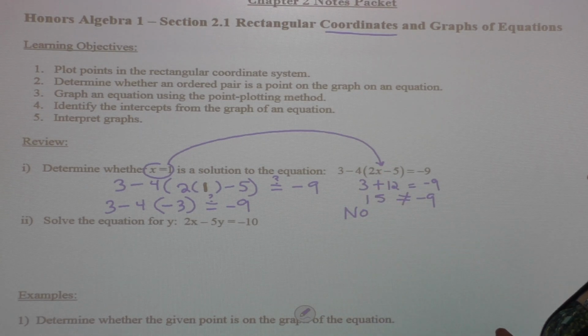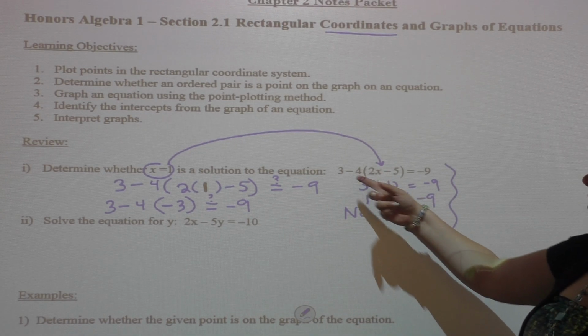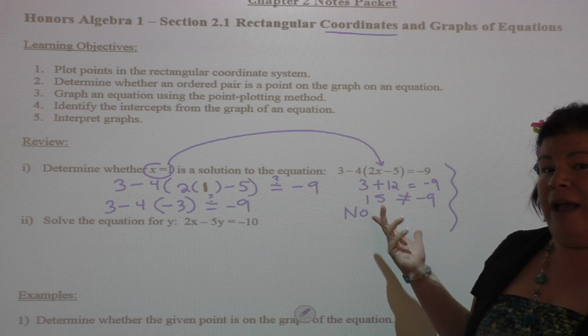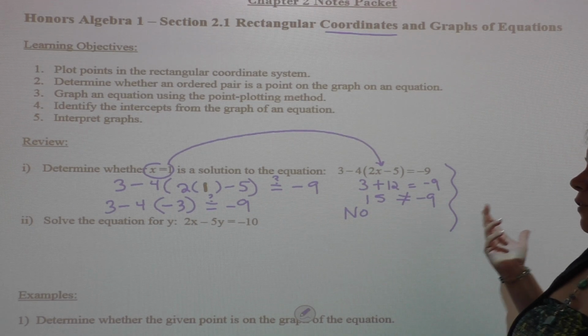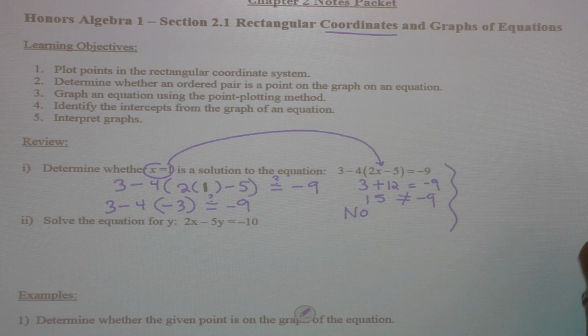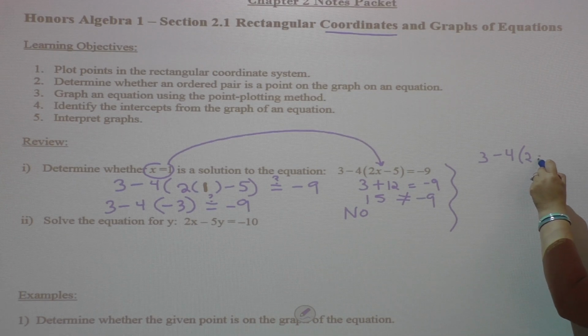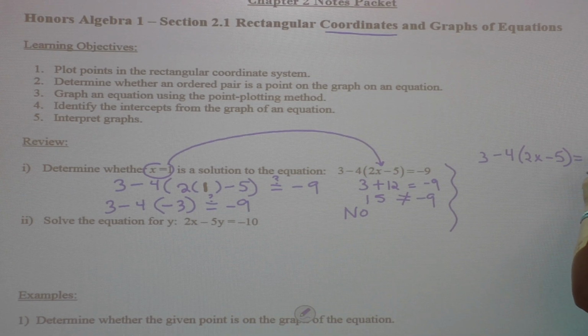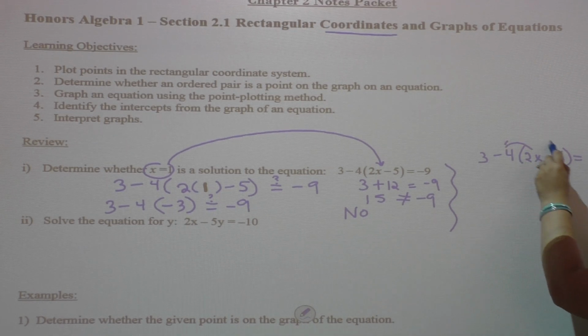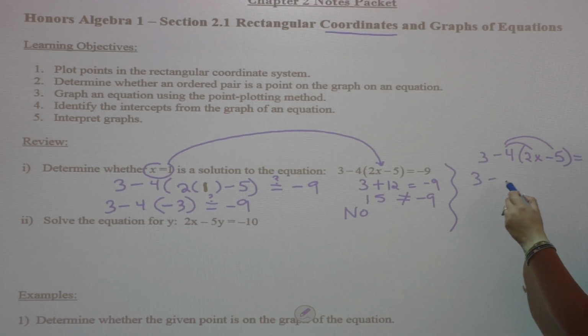The other way of solving it is simply by solving the given equation for x and seeing what x is. So if we write this equation again and actually solve for x, we're going to distribute.